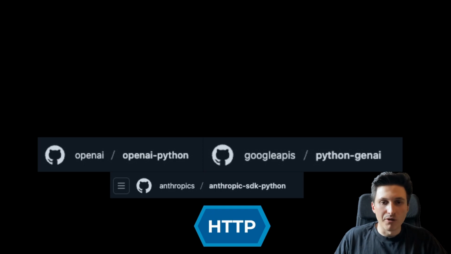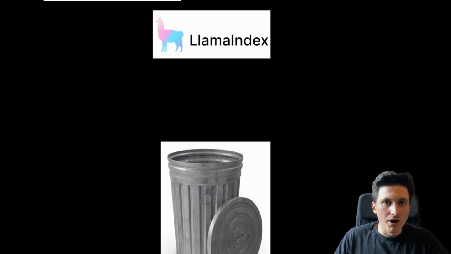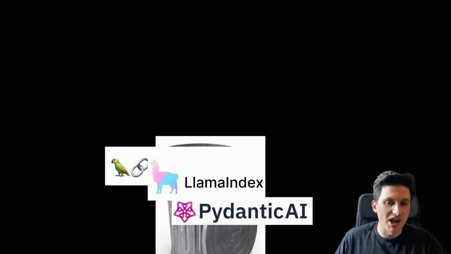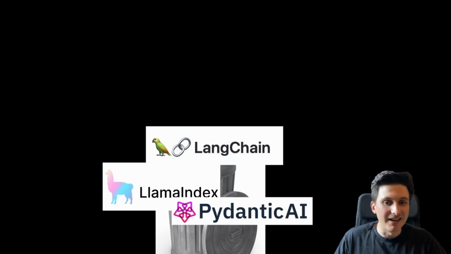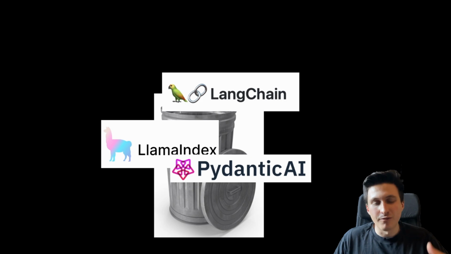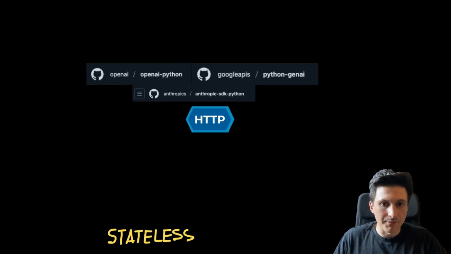Also, if you want to support multiple types of LLMs, you can just write an easy wrapper around them and create some abstractions for how you want to initialize assistants that actually fit your use case. So these things can honestly just be put into the trash can. Don't use these, at least in my opinion. If you want my full opinion on this, I even created a separate video specifically about what I think about these frameworks, but I just think they belong in the trash can.